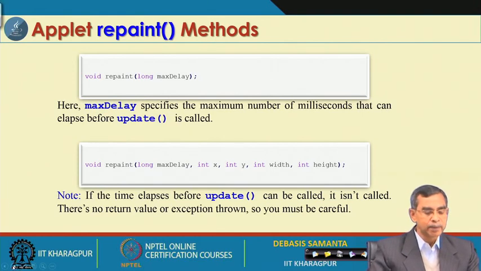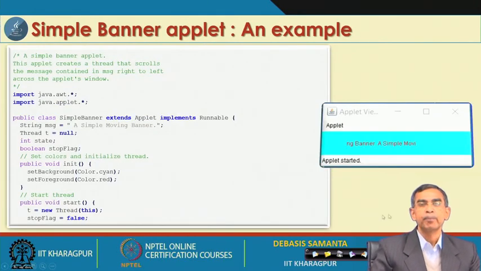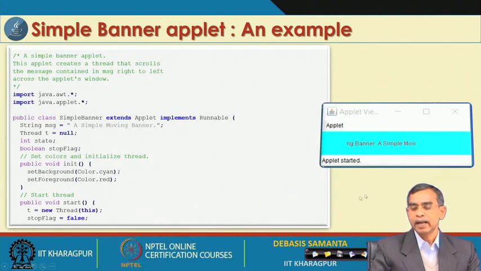Now, this can be better understood with an example, the banner example. Suppose this is the applet; you can run it. Once you run it, you will see the banner scroll from right to left. It is a simple moving banner; the text will move.